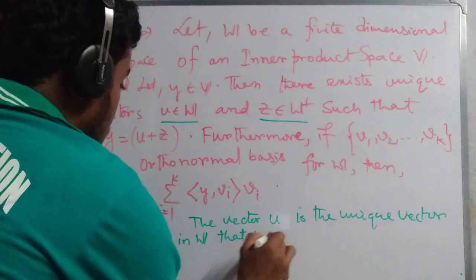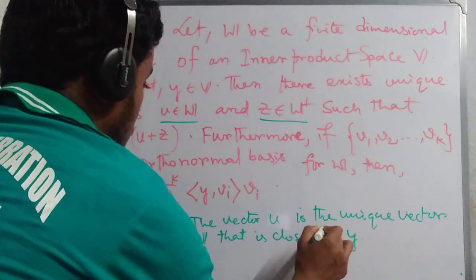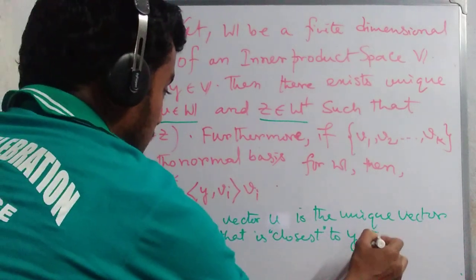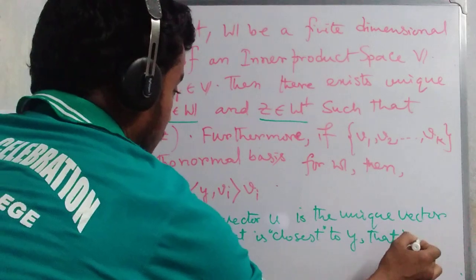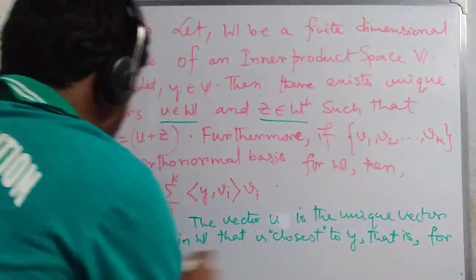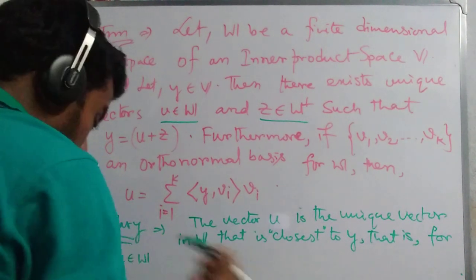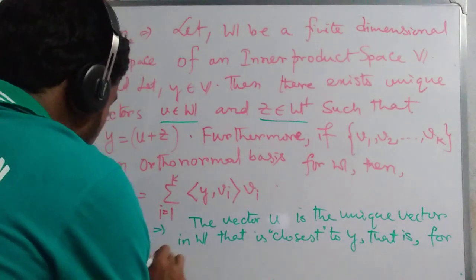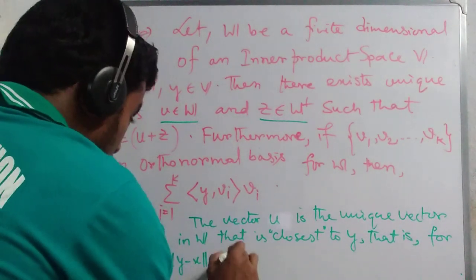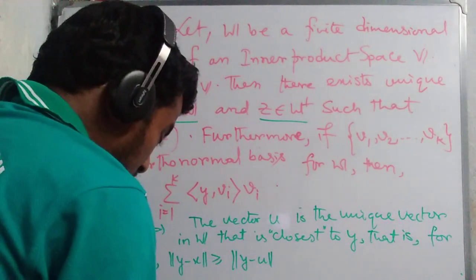That is, for any x belonging to W, the norm of y minus x is greater than or equal to the norm of y minus u.